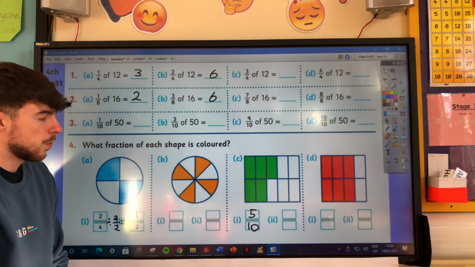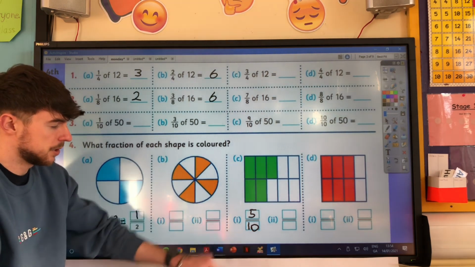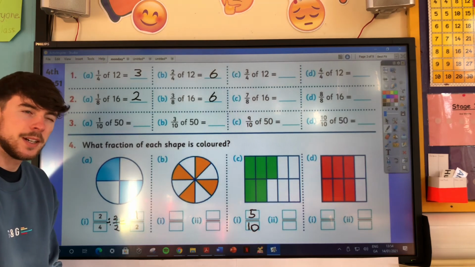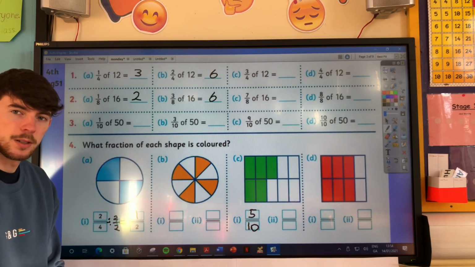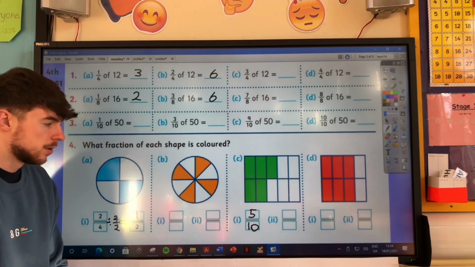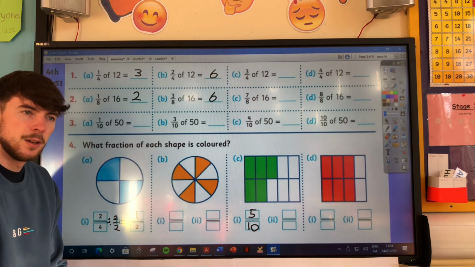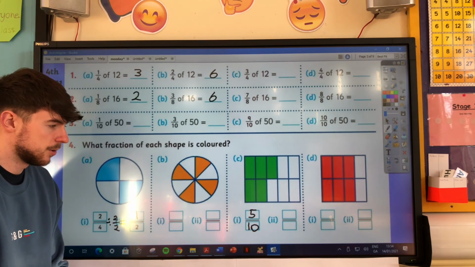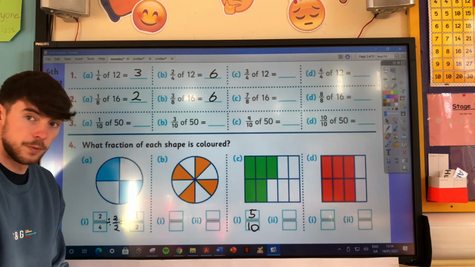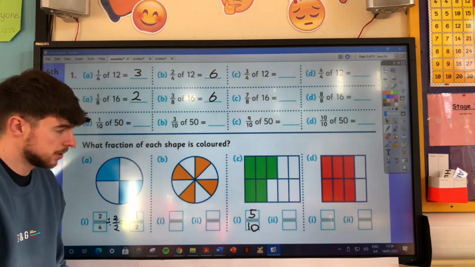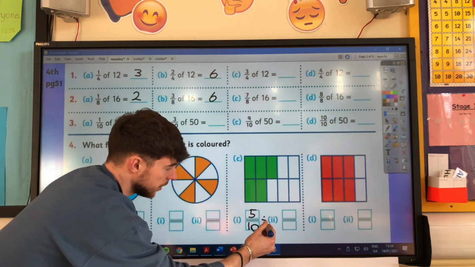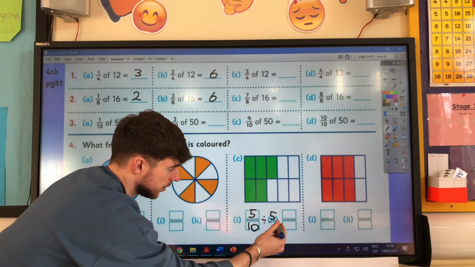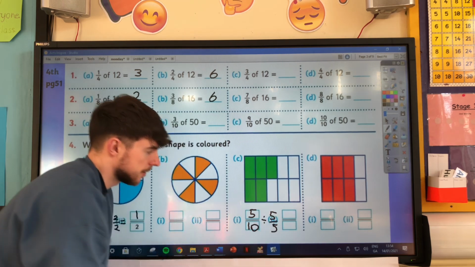Okay, now what number is common between those two? What number divides evenly into those two numbers? So 5 and 10. What multiples are in those? So 5, can we divide 5 into both? If we divide 5 into both, what do we get?